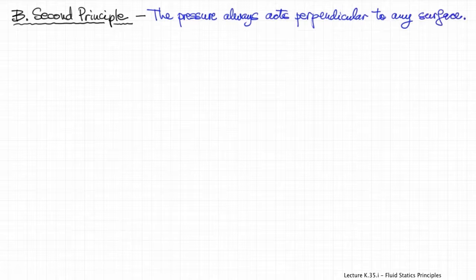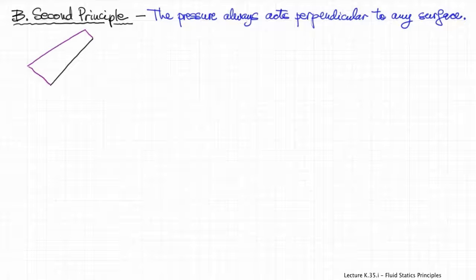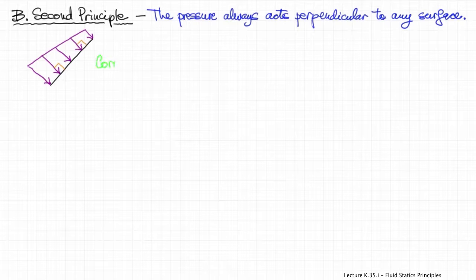Again, for example, if we have an inclined surface and there is a fluid acting on the left-hand side of this surface, these are the pressure intensities, and they are all perpendicular to the surface. So they always make an angle of 90 degrees to the surface. No exception about that.